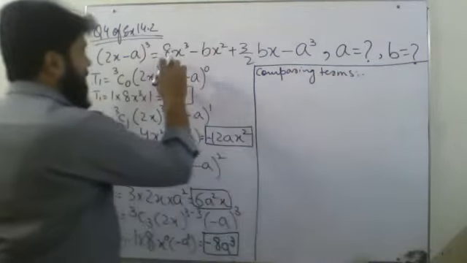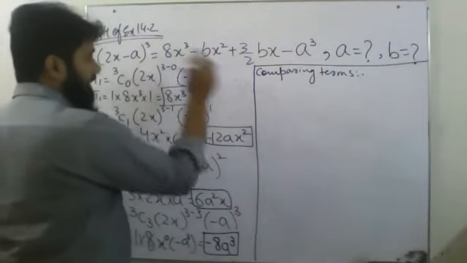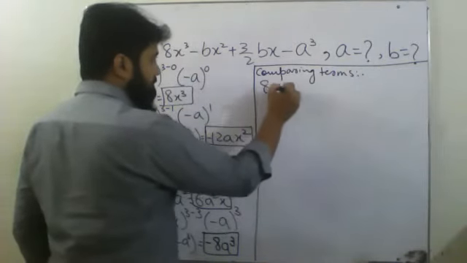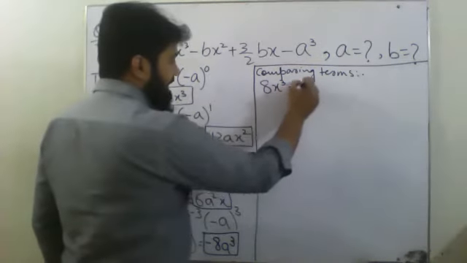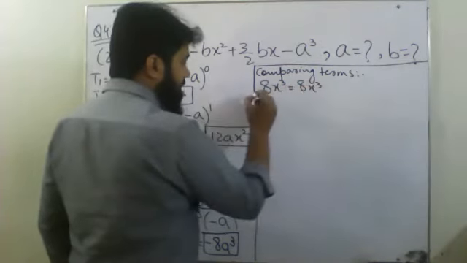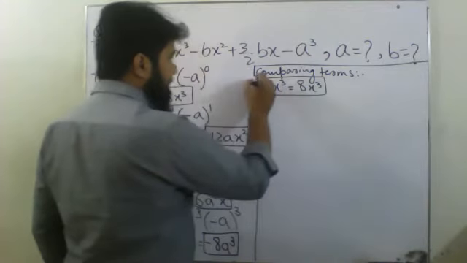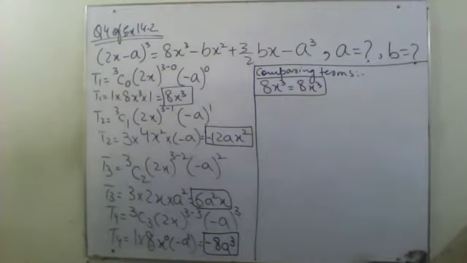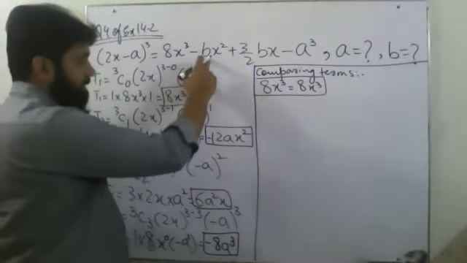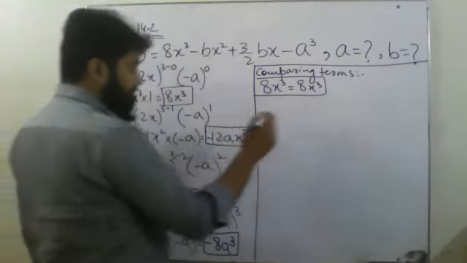T1 over here is 8x cube, and over here also it is 8x cube, so nothing can be done over here. The first term on both sides is left like this.